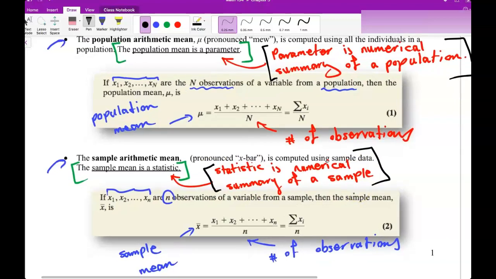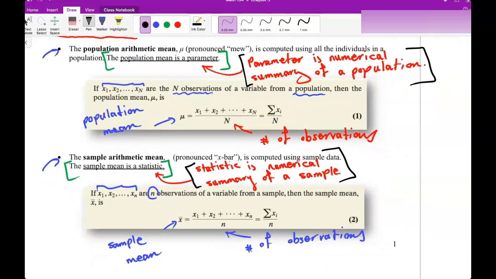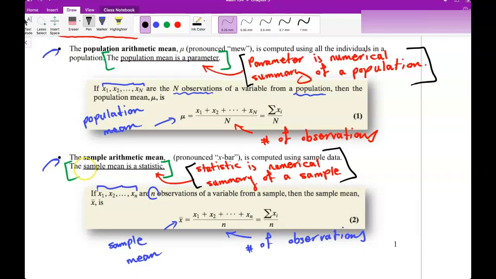Here again, exactly the same thing. Sample starts with S, and that is statistic. So S for S, and here P for P.